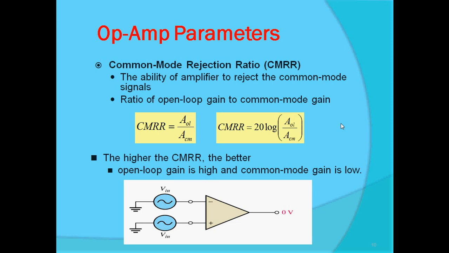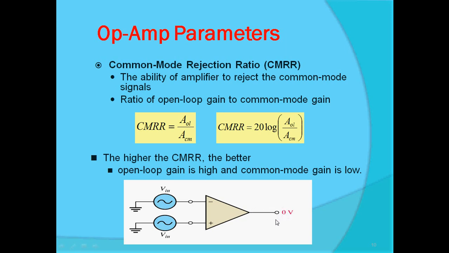But if the op amp is in common mode input, the same input voltage appears on both input terminals, so Vd will become 0. Hence my output voltage V0 is also equal to 0. In this figure we can see that the same input in amplitude, phase and frequency appears on both the input terminals and the output is represented as 0 volt.